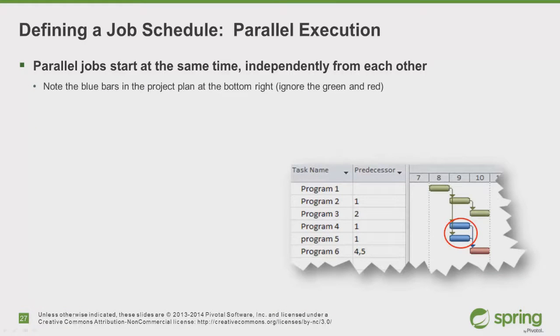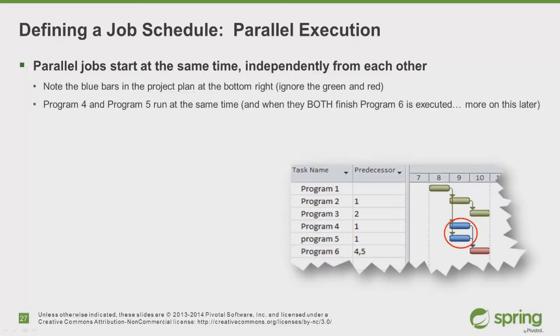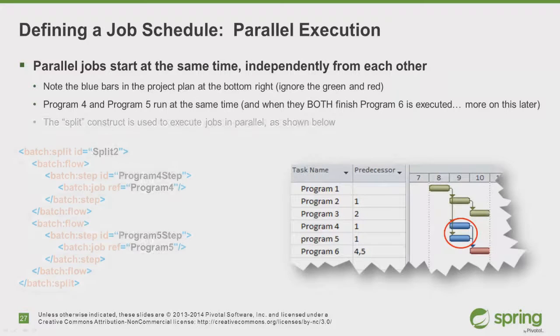So in this case, in our project plan, we see that program 4 and program 5 are supposed to run at the same time. They start after program 1, okay, and when they're both completed, both of them, program 4 and 5, program 6 is supposed to then execute. So the split construct is how we indicate that.